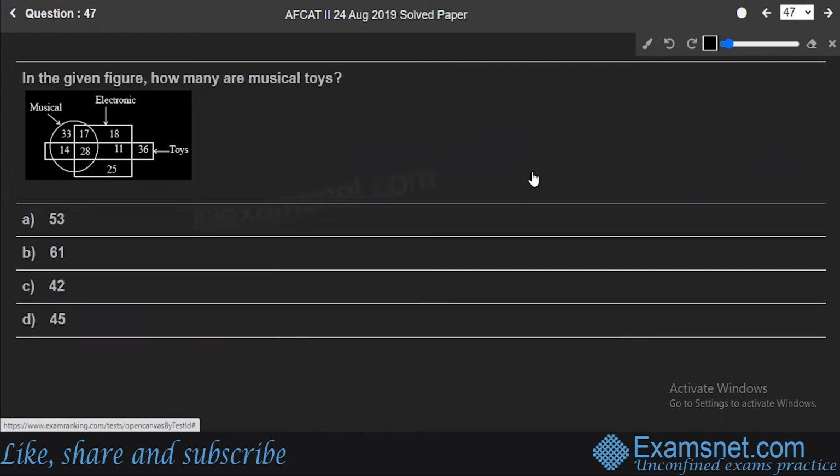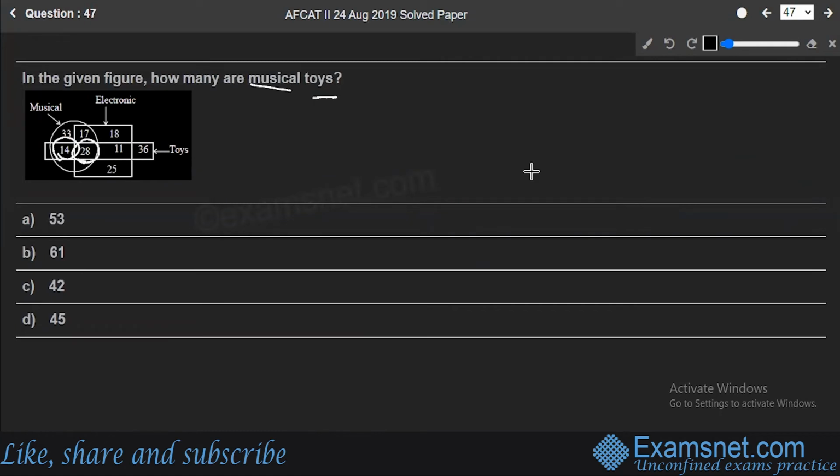Next question. Question number 47. In the given figure, how many musical toys are there? See, this circle represents musical, and this rectangle represents the toys. The ones which are musical as well as toys, musical and toys both, are only this 14 and 21.